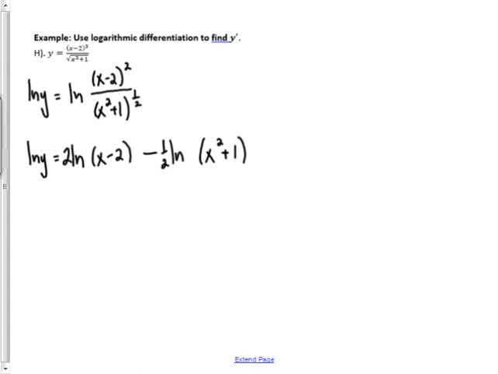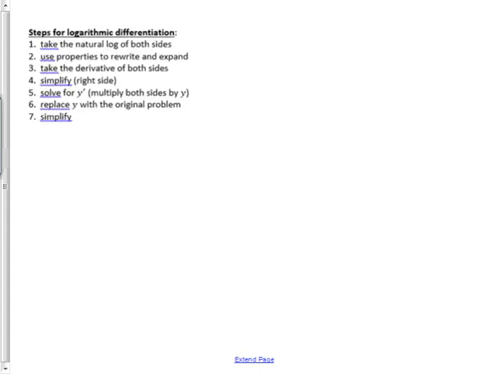All right. Step 3 says take the derivative of both sides. And I should have written take the derivative of both sides implicitly. Okay. And we're going to do an implicit differentiation problem next. So let's go back. You want to take the derivative of both sides implicitly. You should be familiar with implicit differentiation from regular Cal 1, and it means anytime you take a derivative of a y, you follow it with dy dx or y prime.